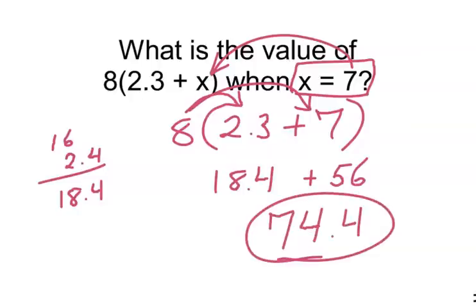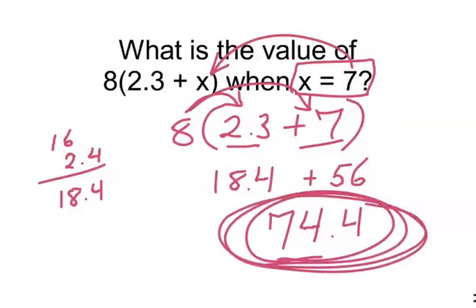And that's the answer. Okay, the other thing I could have done was just do 2.3 plus 7. So that would be 7 plus 2 is 9, right? So it would be 9.3 times 8. And if you did 9.3 times 8, you would also get 74.4. There's two possible ways to solve this, but basically all you had to do was put in 7 in place of x and solve it that way.